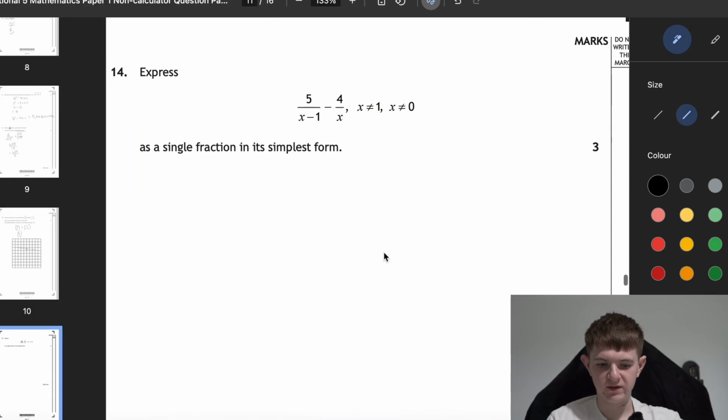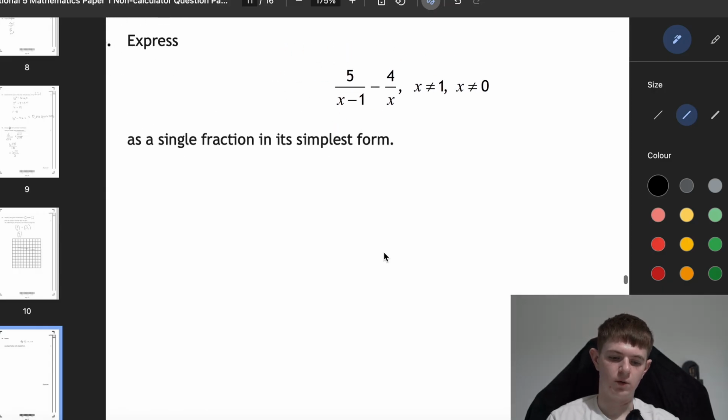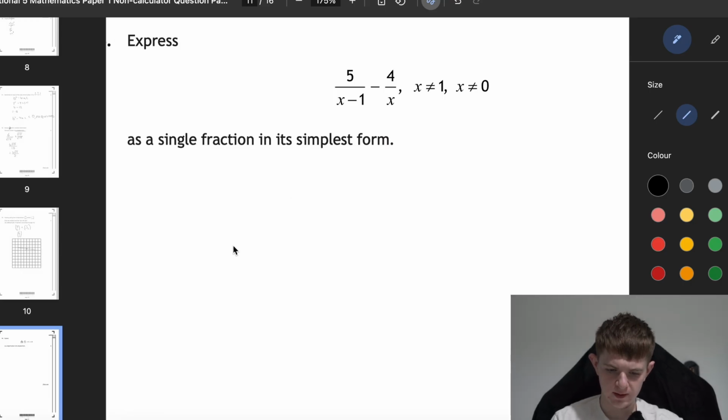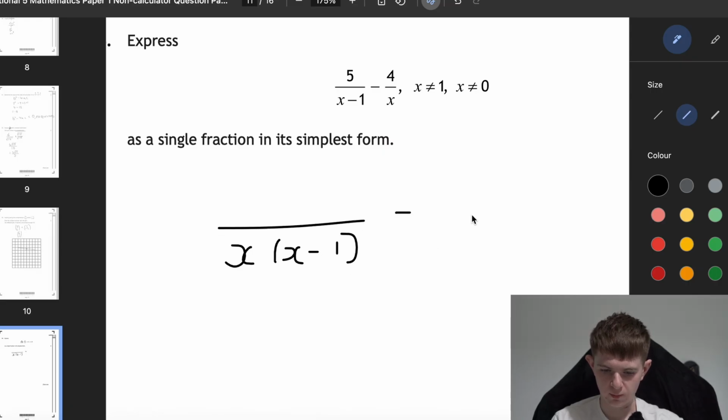On to this fraction question here. The same as any add and subtract fraction question, we need the denominators to be the same. So the common denominator here is x bracket x take away 1. So I'm going to keep that for both of these.